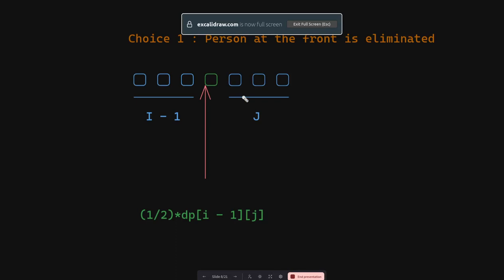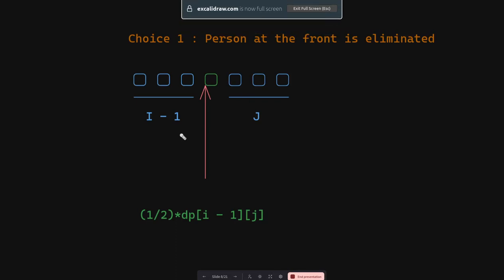So if you have this configuration wherein I people are standing over here, the candidate is standing over here, and then j people are standing at the back, there can be two choices. Either the person that was at the front gets eliminated.